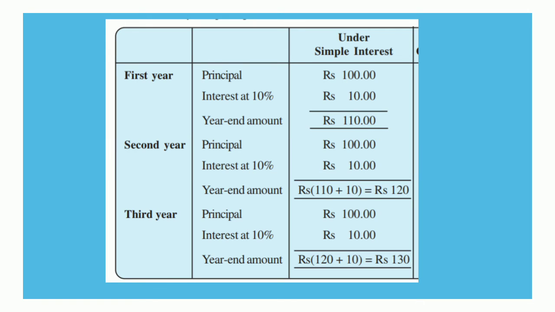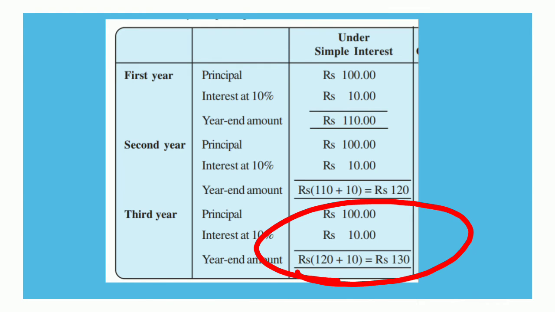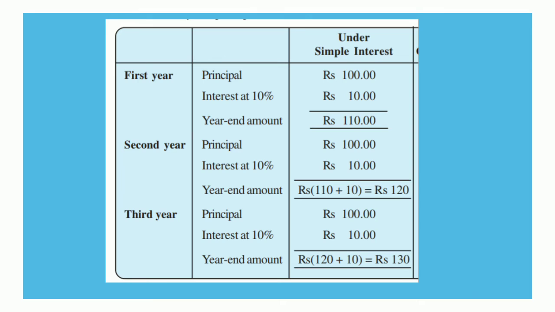The previous year-end amount is 110, and adding the interest 10 gives 120. In the third year, the principal is the same 100 rupees, interest at 10 percent is 10, and adding 10 to the last amount 120, you get 130 rupees. This is the method to find simple interest.